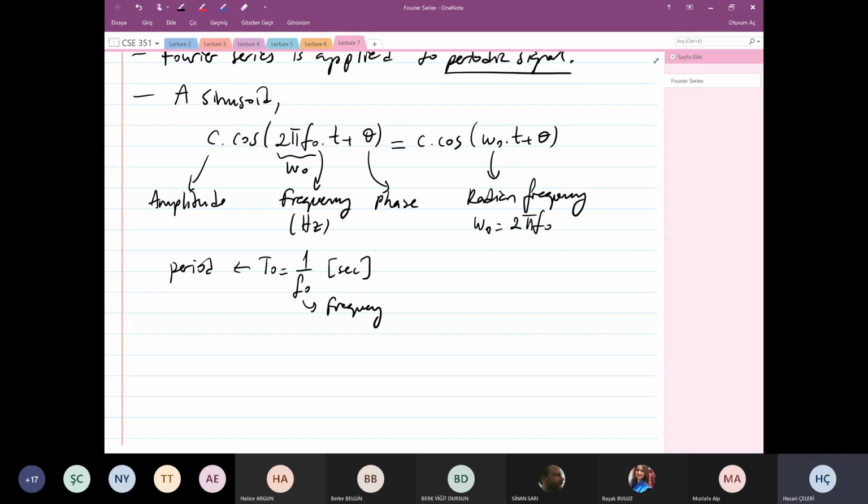And n times f0 is called the nth harmonic of the sinusoid of frequency f0.